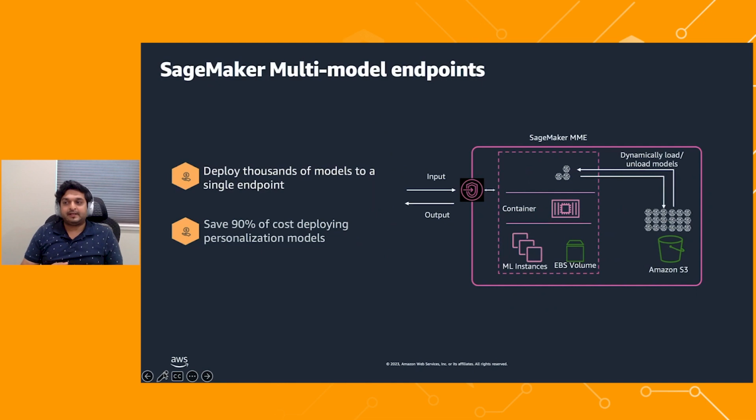It provides you an ability to deploy these models behind the same endpoint, and this will be particularly useful when you have smaller models which are of very similar frameworks. And you can potentially save up to 90% of your costs by using multi-model endpoints.